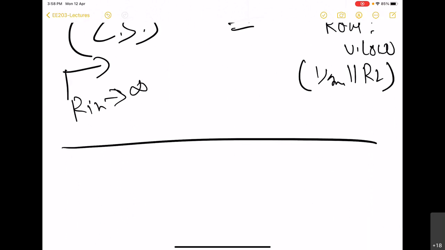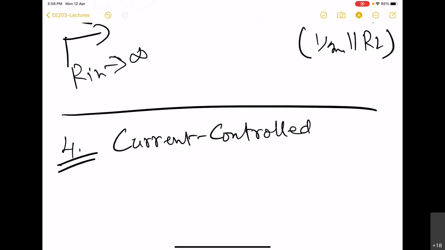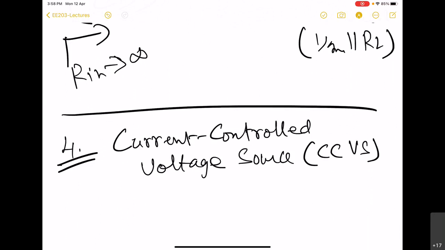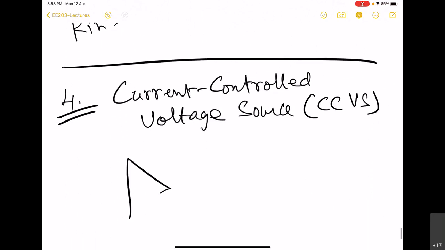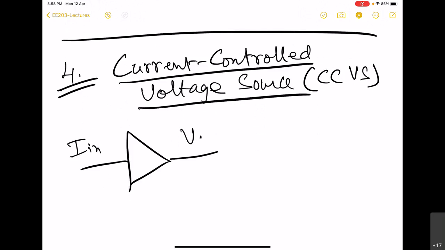Now we can see the last category, which is current controlled voltage source. So as the title says, the input quantity of interest is going to be current, and the output quantity is going to be voltage.